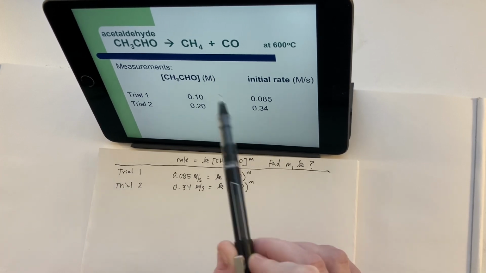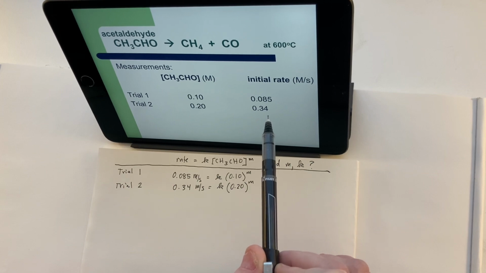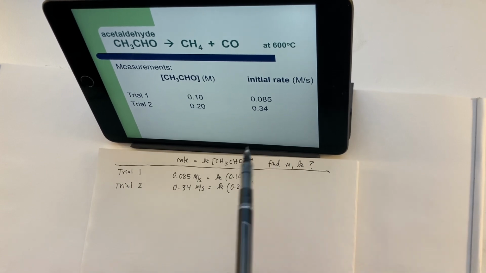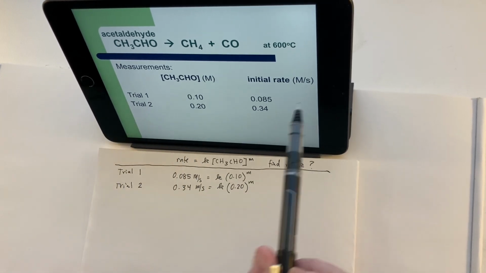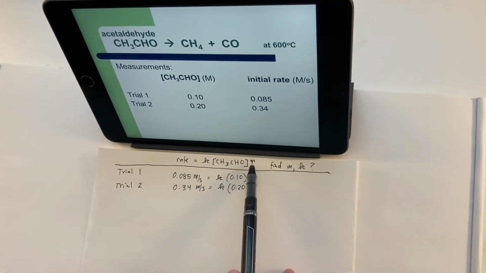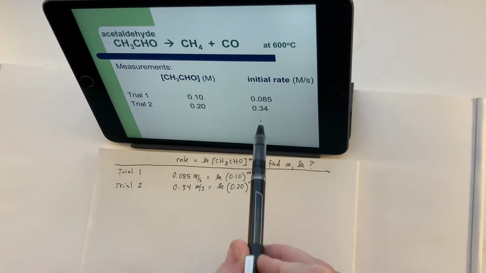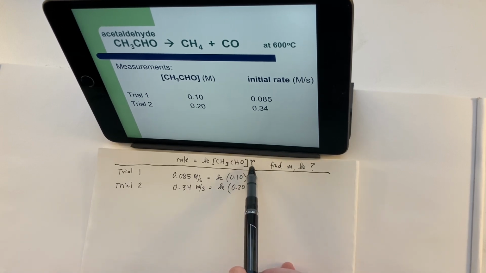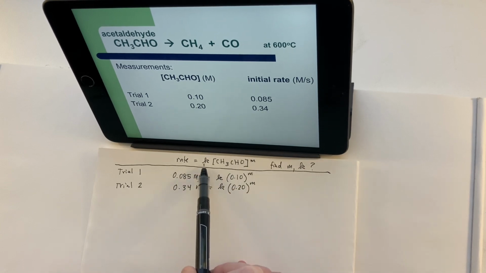Okay, so we predict an exponent of 2. If we want to determine the rate law for this reaction, we're trying to find out what that exponent is. That's called the order of the reaction. We guess here it's second order. We can see it from the data. And then once we find that value, we can find this value.